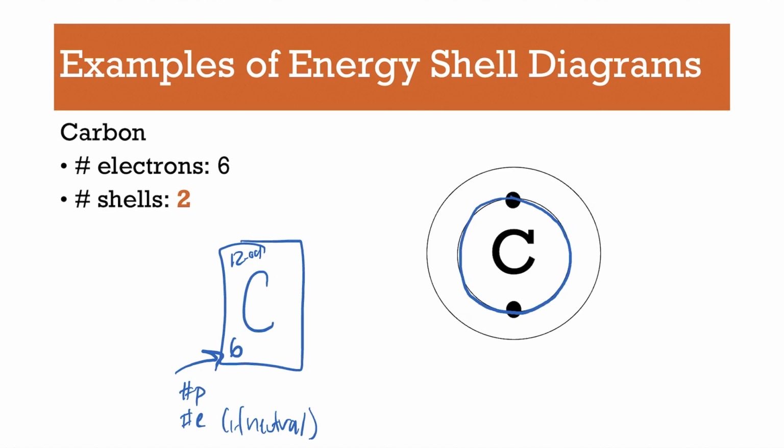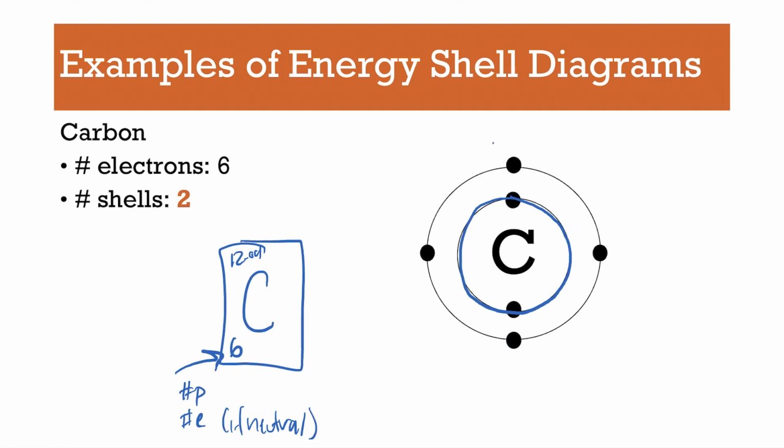Okay, so now we have 2 electrons down, we have 4 more to add. So remember, the first shell can only hold 2 electrons, so now we need to bring in another shell. So the first one goes on top, and I like to go in counterclockwise. The next one will go kind of a quarter of the way there, and then the third one, and then the fourth one.